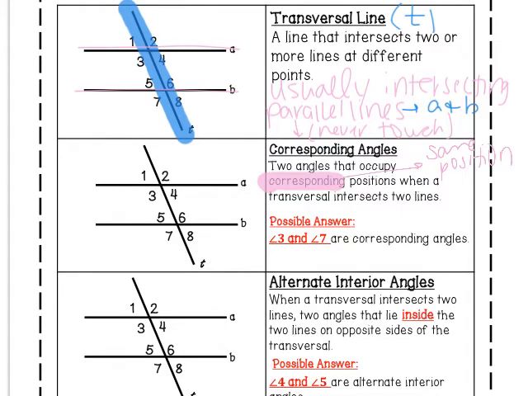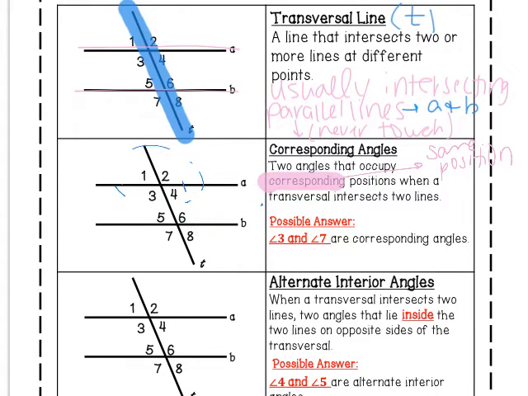Okay, so for example, if I were to cut this in half here, and I were to take this section here, and I were to drag that down so it's on top of that one, which angles would match up? Okay, that's what we're talking about here.